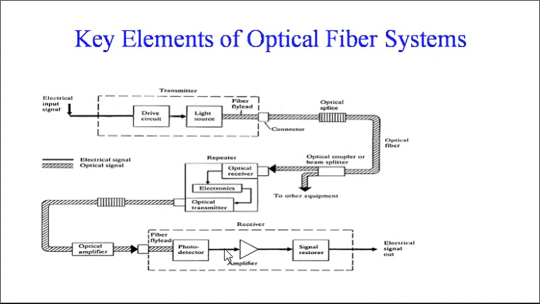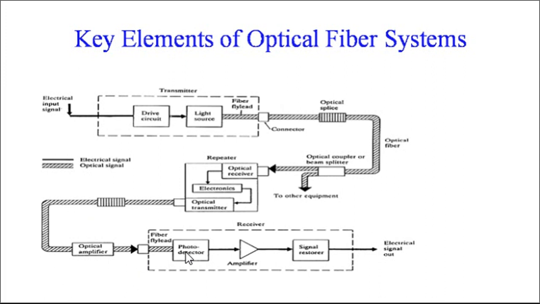This electrical energy will be amplified by the amplifier, connected to the signal restorer, and we get the electrical signal output. Here the solid lines indicate electrical signals, and such hollow portions we can use for the transmission of optical signals.